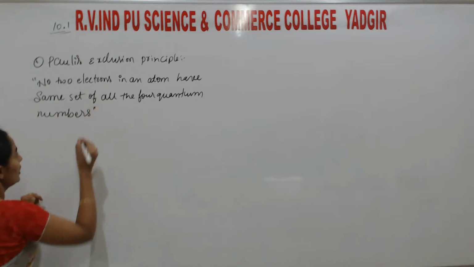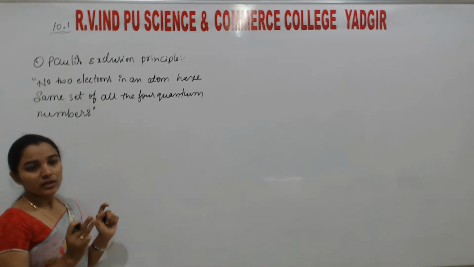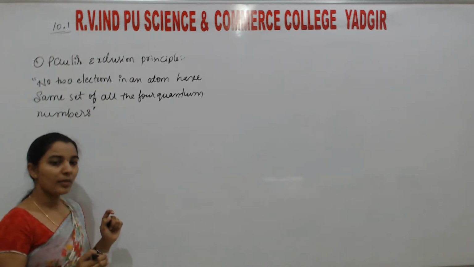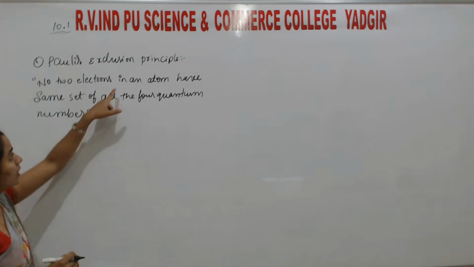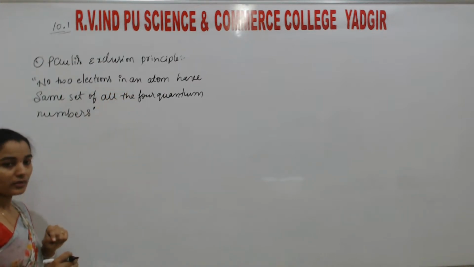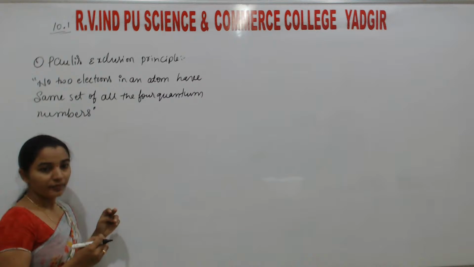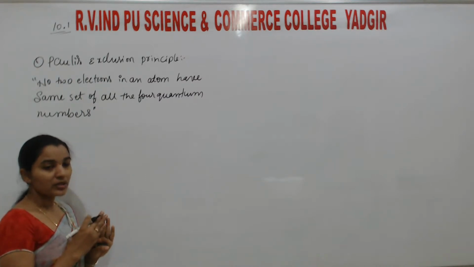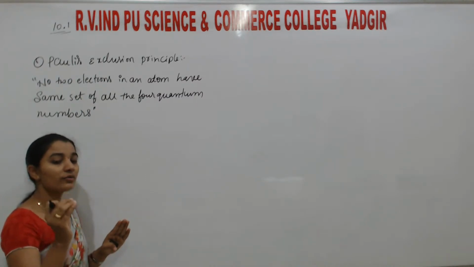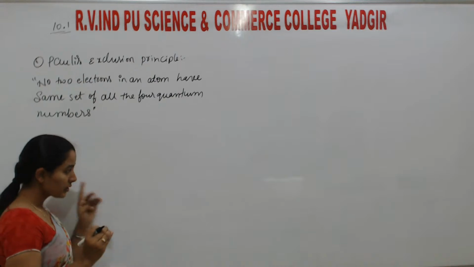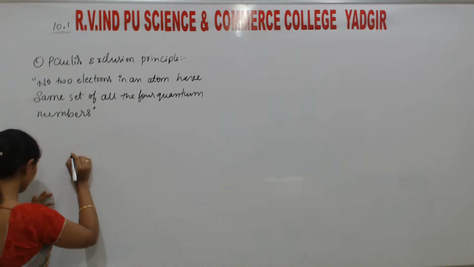Understood? That means, if two electrons are there in the same atom, I mentioned in only one atom, they have four quantum numbers and they cannot have the same value for all the quantum numbers. So I'll take an example here.